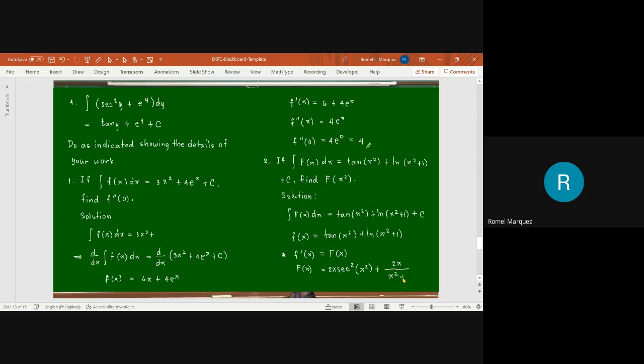So let's do that. So therefore, capital F of x squared is equal to 2 times, what is x? X squared. So secant squared of x squared, so it will become x to the fourth. Okay? Then plus 2x, but what is x?